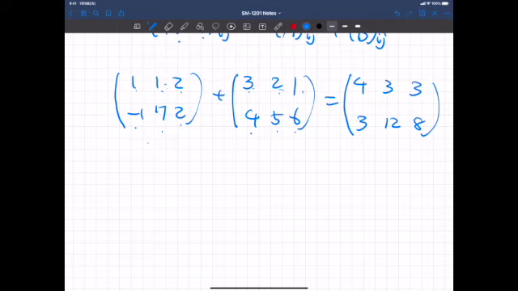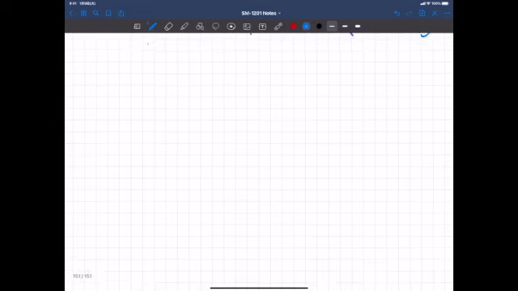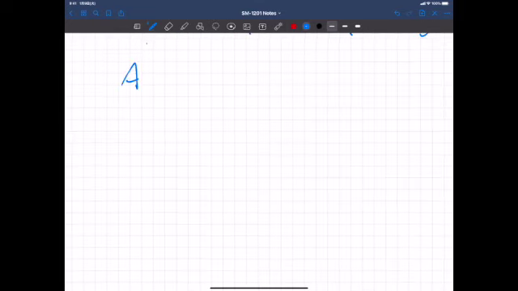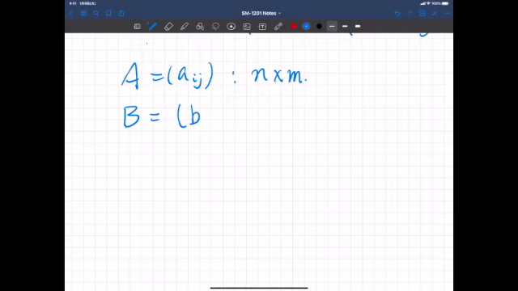Next, we want to define matrix multiplication. So let's say A is a matrix which has the size of n by m. Okay, and B is another matrix which has the size of m by p.